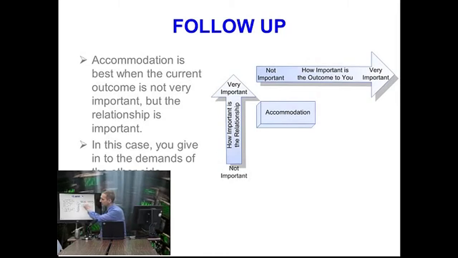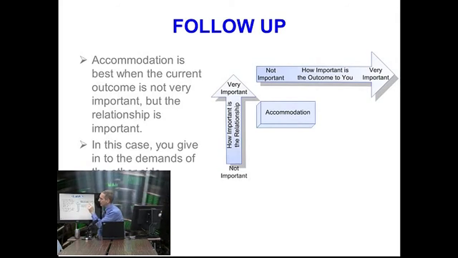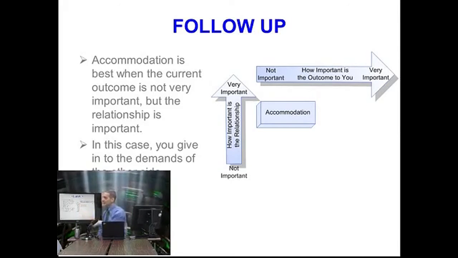Now, if we look inside the quadrant here, accommodation means how important is the relationship? Very important. How important is the outcome? Not important. So why do we choose accommodation? Because I need the other side to have a good relationship with me over a long time.